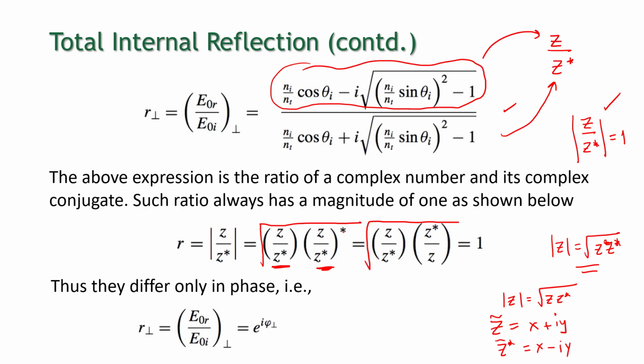When you take the conjugate of this, the conjugate of z is z star, and the conjugate of z star would be z, because if you take the conjugate again you get the same thing back, x plus iy. So we can cancel that and that, and that will give us 1. So whenever we have this kind of expression, the magnitude of that is 1. So the magnitude of this ratio is 1.